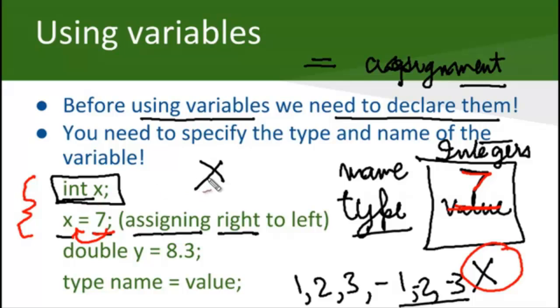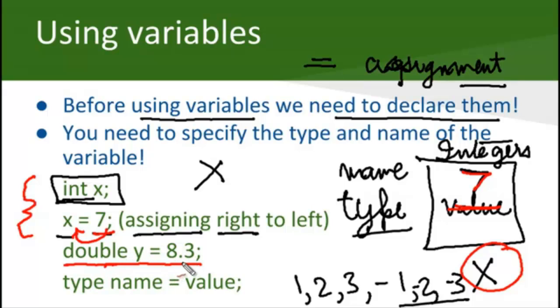int is basically used to specify integers, but what if we have real values? To store real values, the type of the variable is double. Now look at this statement. This statement basically combines the two steps. It's declaring the variable also and it is defining it also. So this is another example where you can do this two-step procedure in one step, declaring and defining.